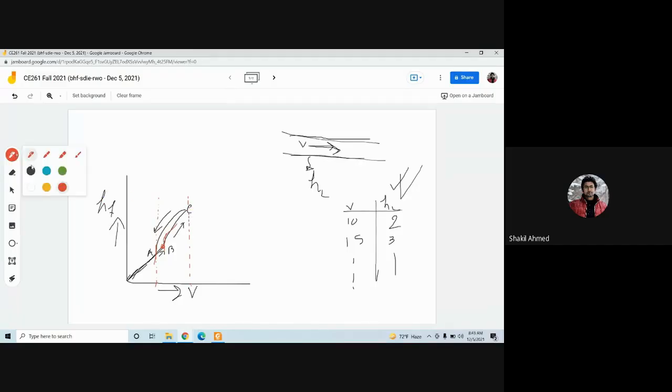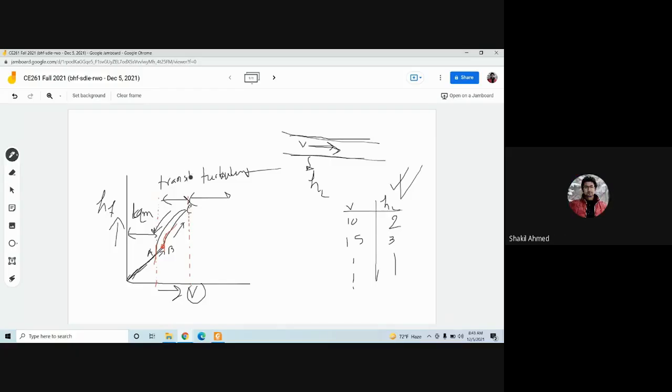Up to this part, the flow was laminar, and beyond the point C, the flow was turbulent. As you know, in turbulent flow the velocity is much higher. As you can see, the velocity is higher in the turbulent region. So this is laminar, this is turbulent, and in between this is transitional. Clear?